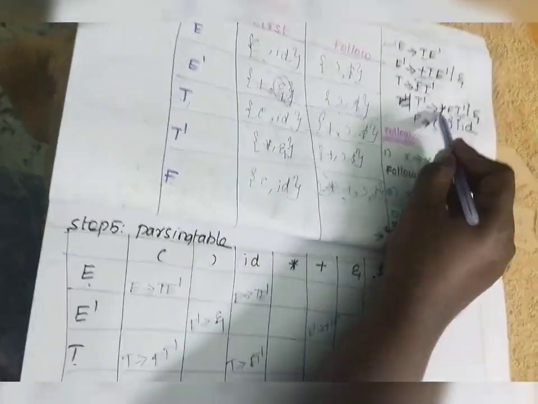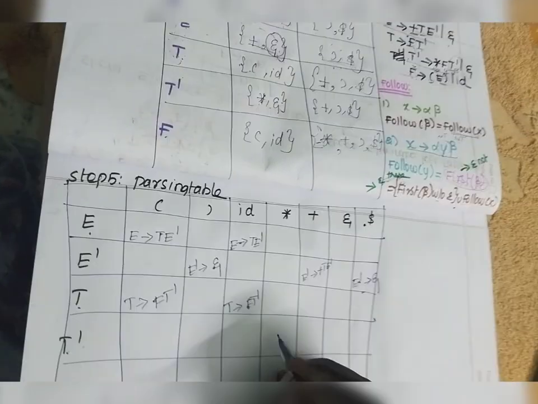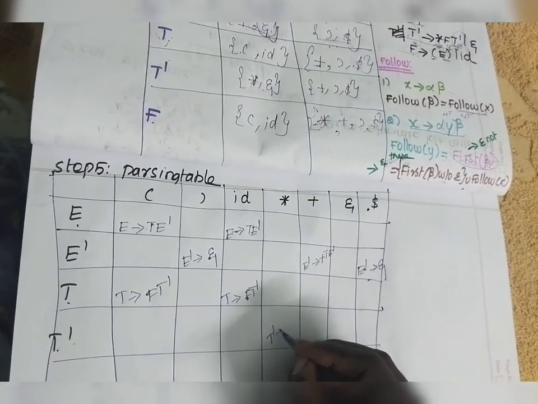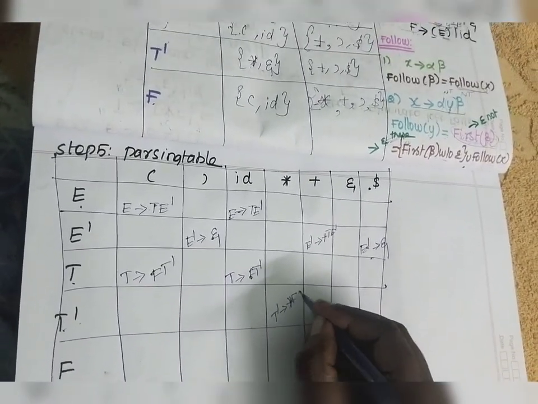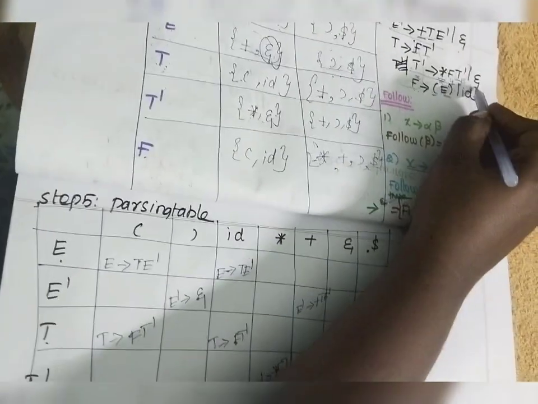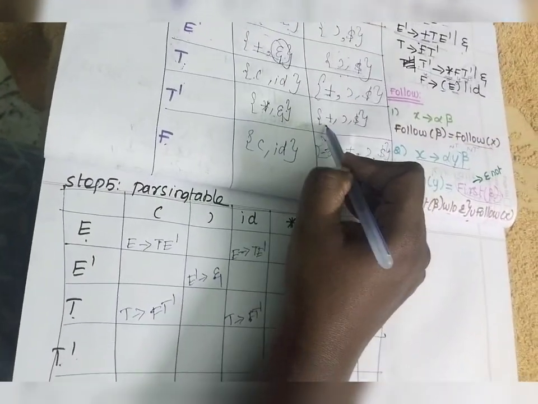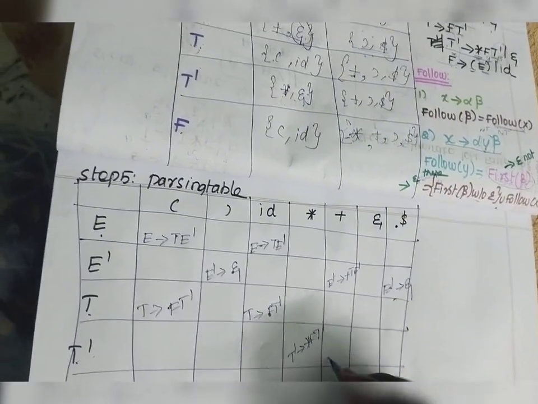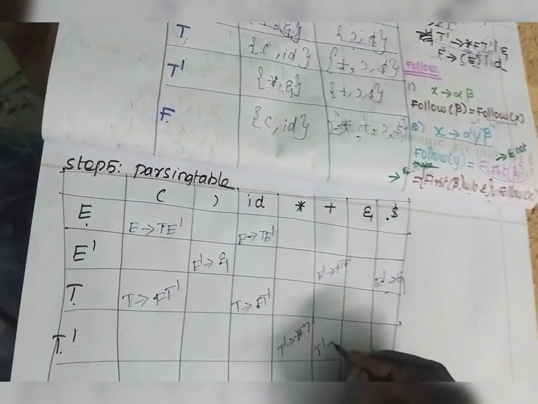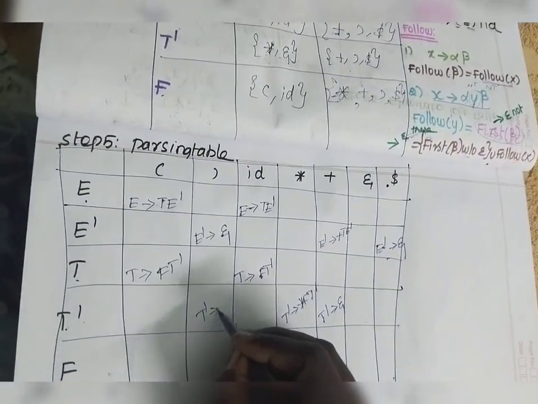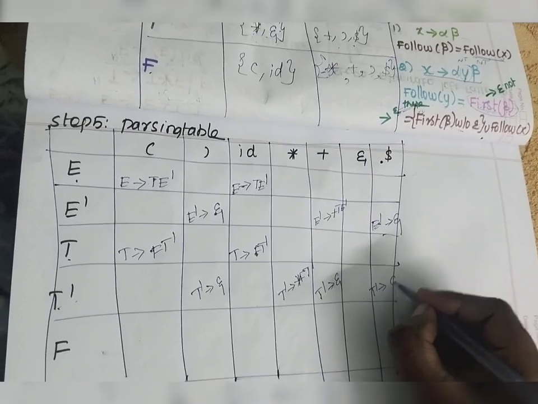For star you write the first production, T dash tends to star F T dash. What about epsilon? Epsilon is there now. You have to check the follow position for T dash. Follow position is plus. For plus you write T dash tends to epsilon. Again close bracket, T dash tends to epsilon. Again dollar symbol, T dash tends to epsilon.